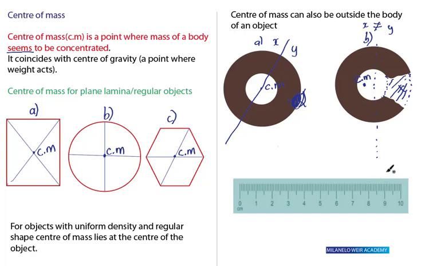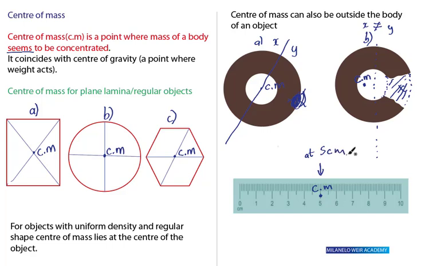So where will be our center of mass? At the midpoint. Where is the midpoint? 5 centimeter mark. Here is the 5 centimeter mark. So the center will be here. Because the center is here, this is our center of mass at the 5 centimeter mark.